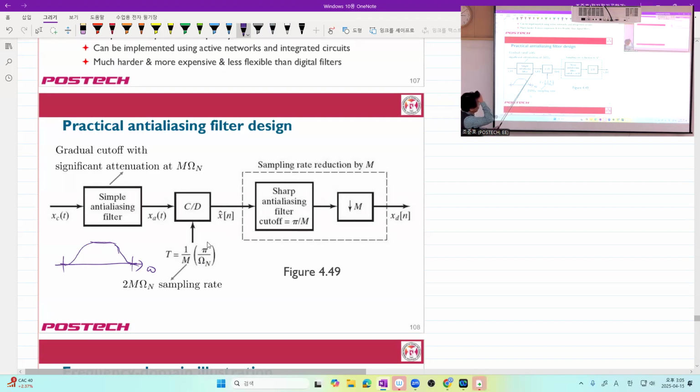And then you convert. But after you sample, digital processing usually can be done much more accurately at a lower cost. So they do sharp cutting off and then downsample. This is what I told you.